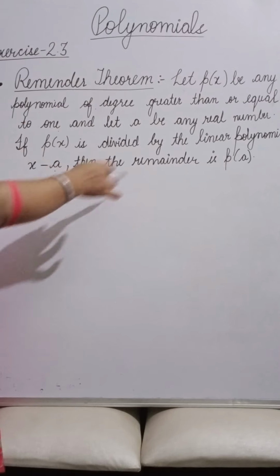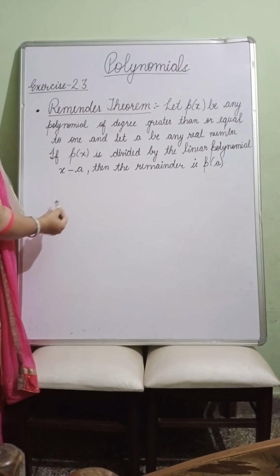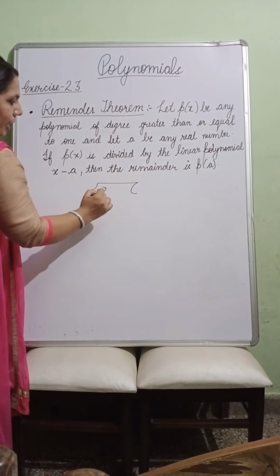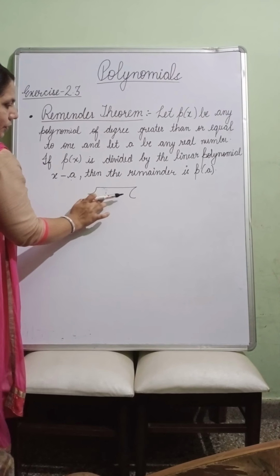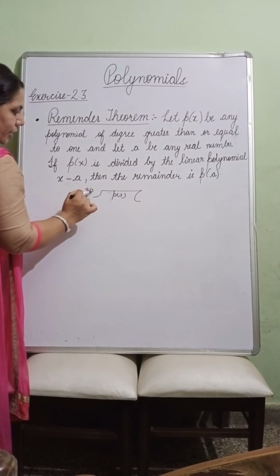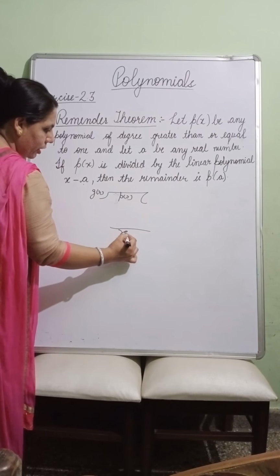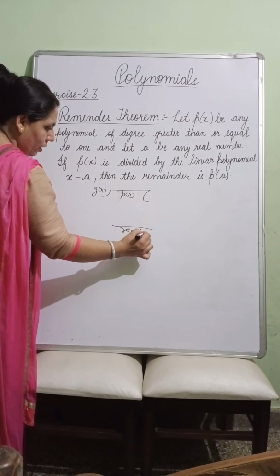So what is this, students? P(x) is a polynomial and we will divide this polynomial by g(x). This is a polynomial P(x) and this polynomial g(x) is the divisor. Then how can we find out this remainder?